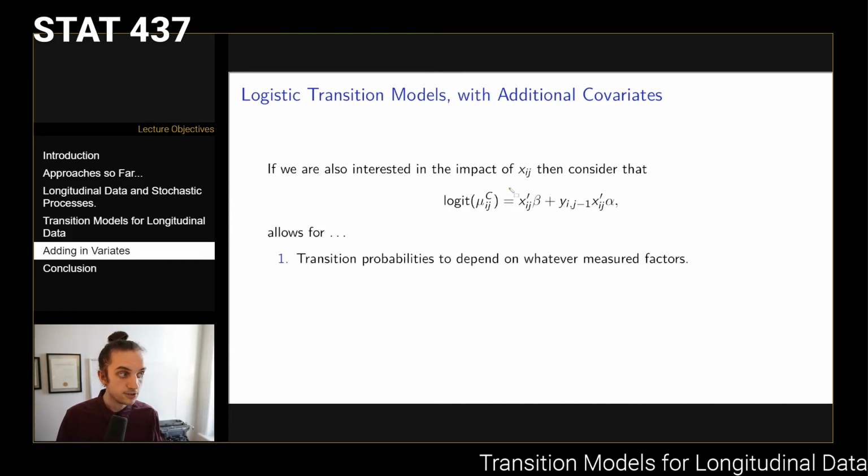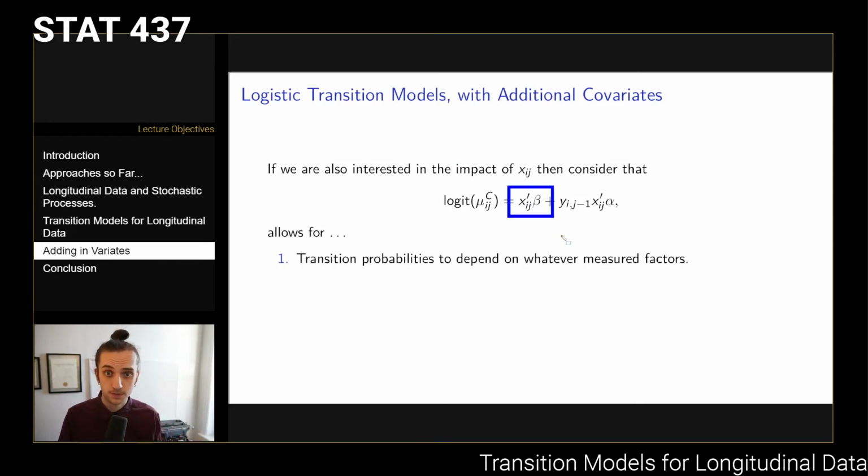So now instead of using alpha 0 and alpha 1, we could use xij transpose times beta, and then xij transpose times alpha, right? And so that's going to be the effects of these covariates, where if we include an intercept term, it's the same thing, right? If xij is just 1, it's the exact same model we were just working with, but we could include whatever covariates we want.